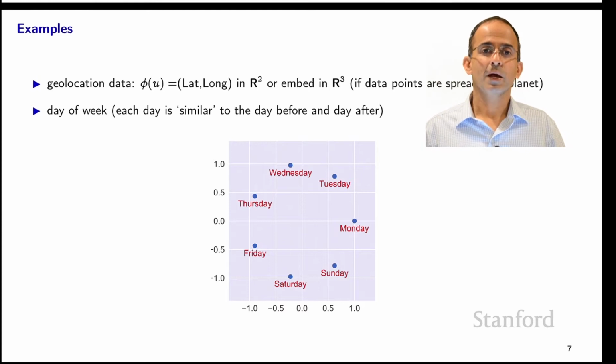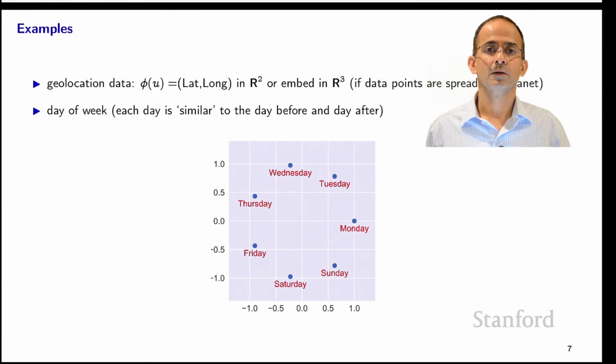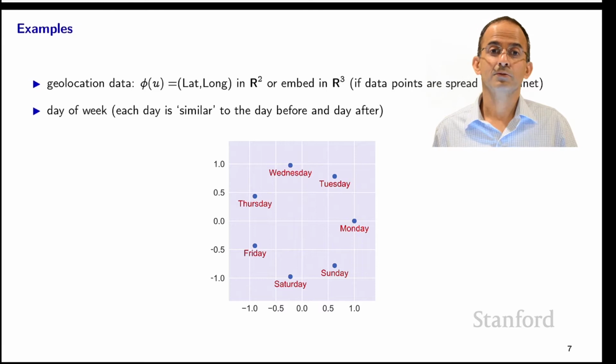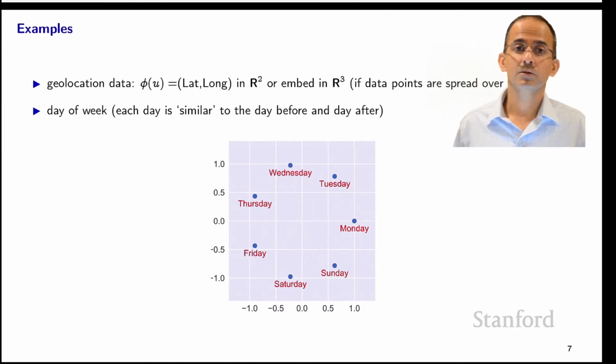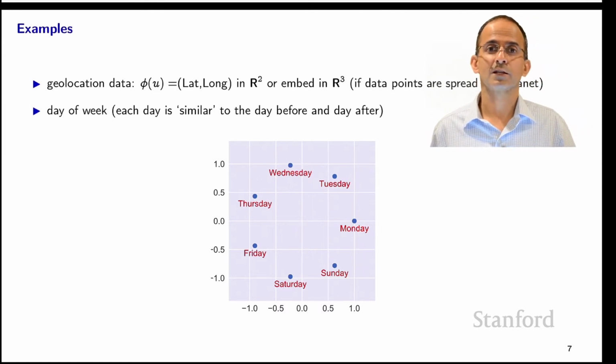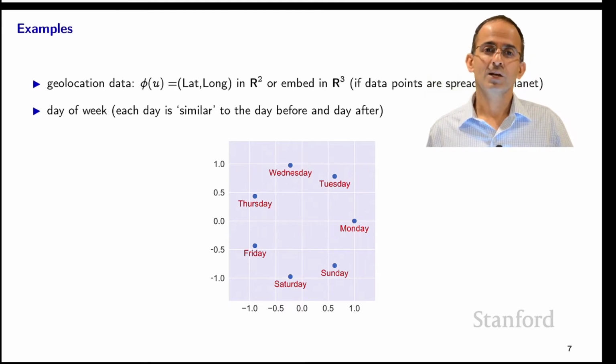Here's one. Suppose you have location data. You have the position of something on the world. So you might describe that by two numbers, the latitude and longitude. That would give us a two-dimensional vector in R2. Or you might say, really, this should be embedded in R3.